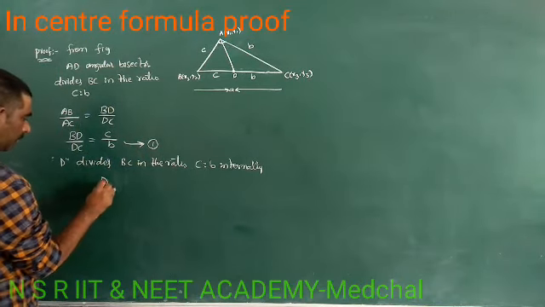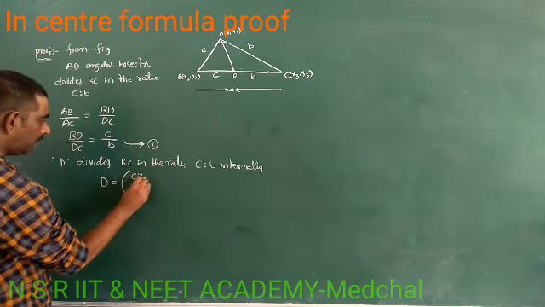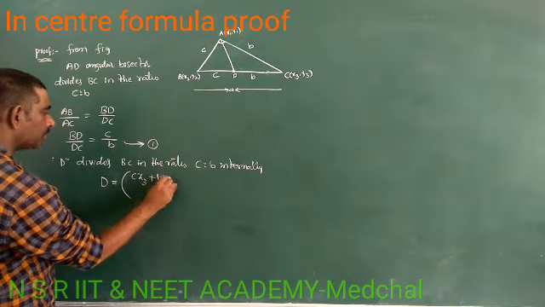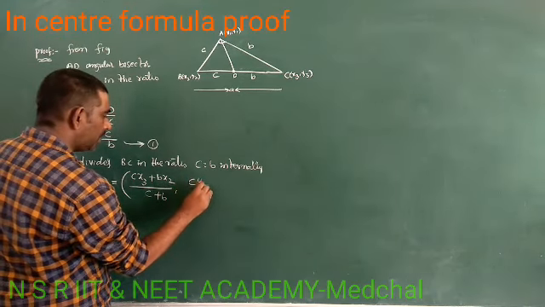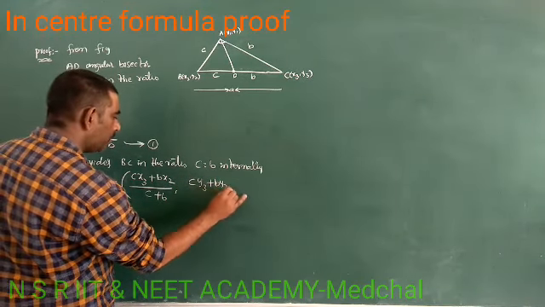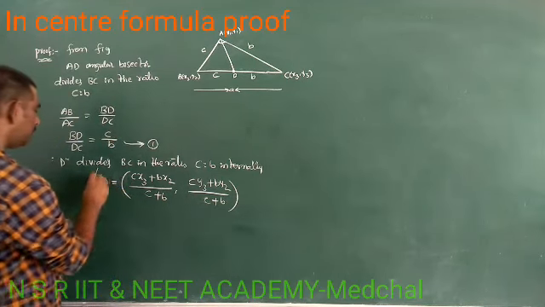So D is equal to (c x3 plus b x2 by c plus b, c y3 plus b y2 by c plus b). So these are the coordinates of D.